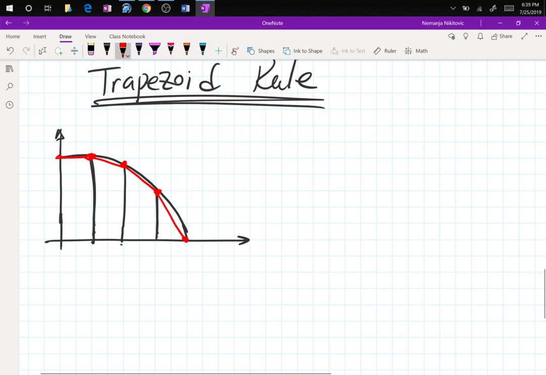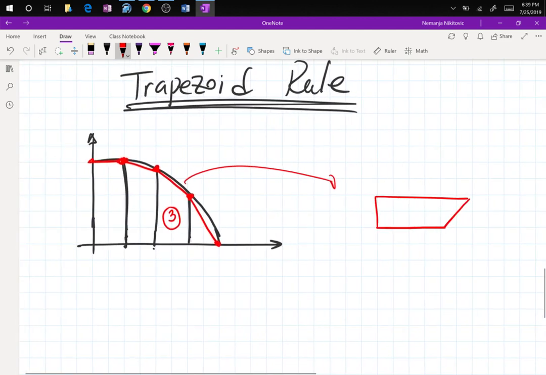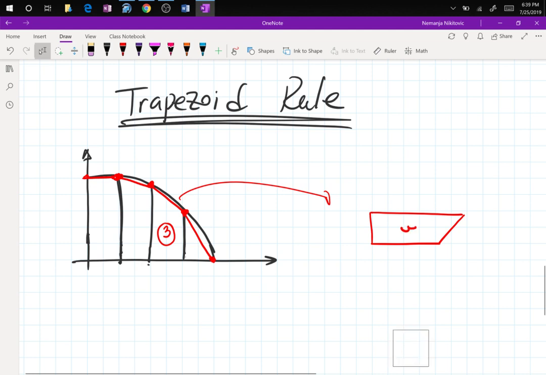Well, that looks good all the way until the last one, right? Now, if you are to, let's say, take number 3 over here and pop it on a side, it would look like this. Right?